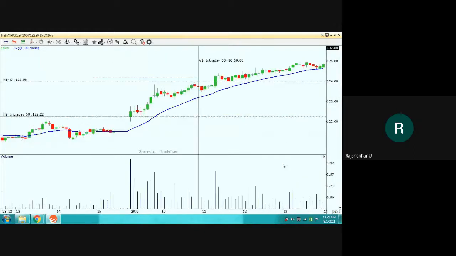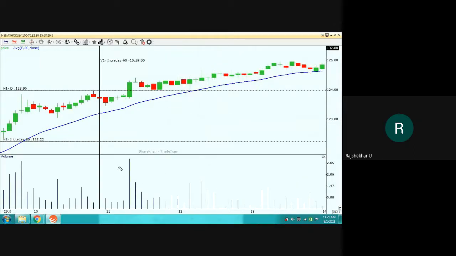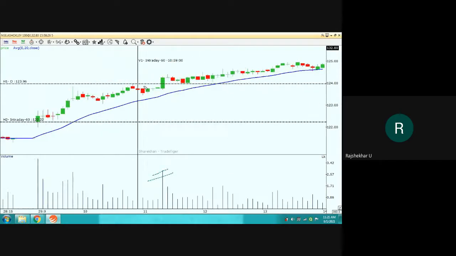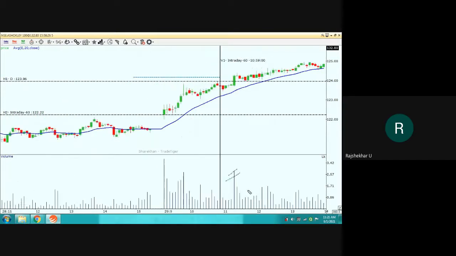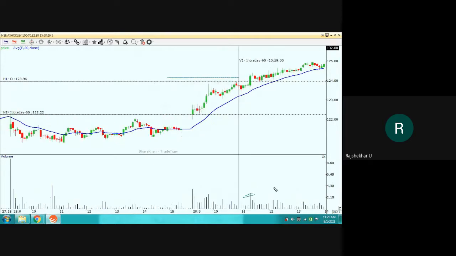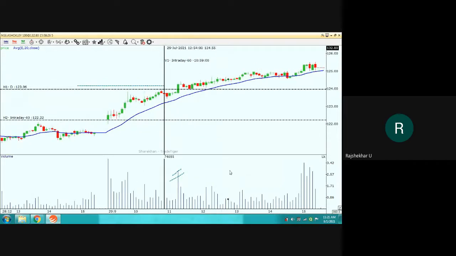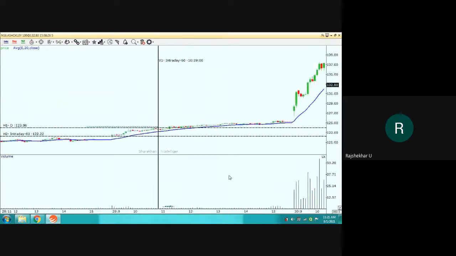So at this point I gave the call, because of this green candle. The volumes were not so good, but I knew what the price action was telling me. But here definitely we should have a clear filter.